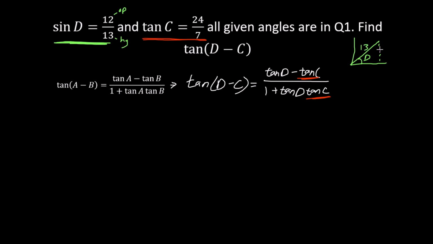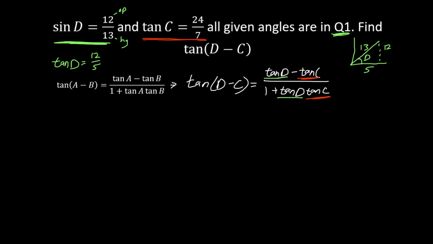So hypotenuse is 13, opposite is 12. Again, I've given us a Pythagorean triple to make the practice just a little bit easier, but this ends up being 5, technically plus or minus 5, but again, we're in quadrant 1 just like the last problem. So if I want to find the tangent of d, it's opposite over adjacent, so 12 over 5.